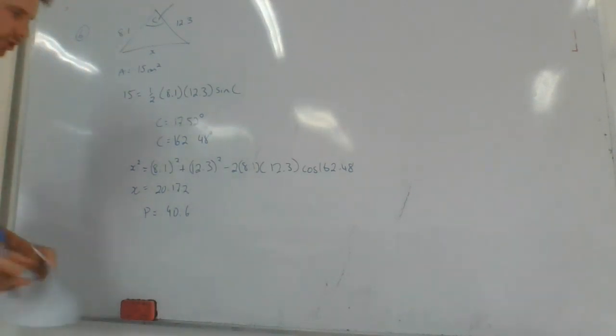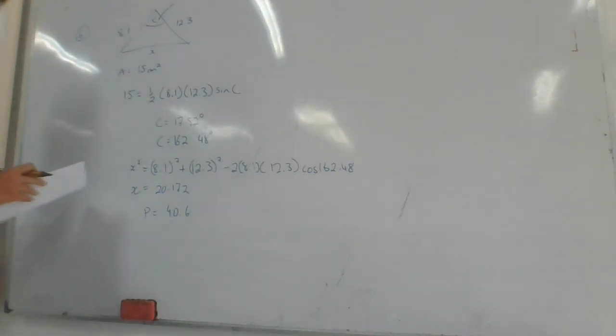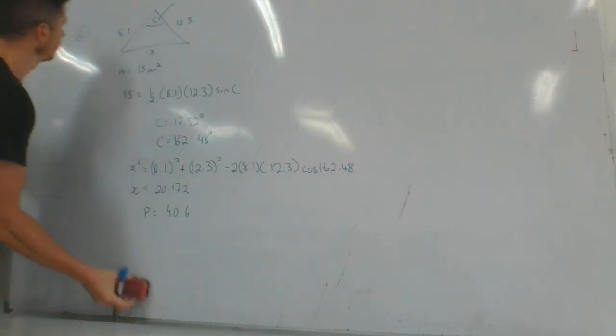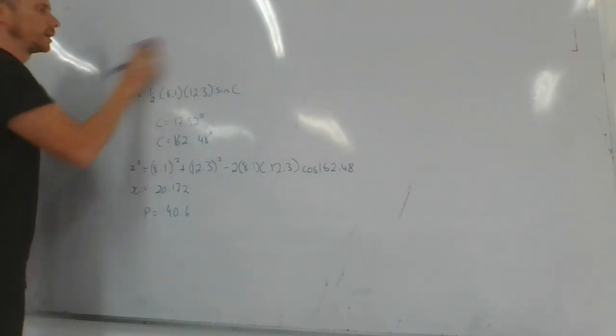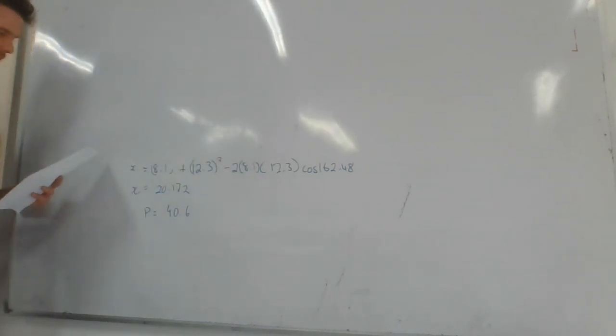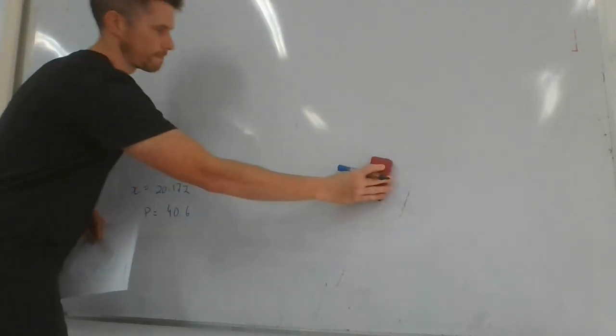Now, the last short question was very tricky. It is using both arithmetic sequences and functions. So let's have a little look. They have this very interesting function, e to the power of 2 sine pi x over 2 for all x greater than 0.